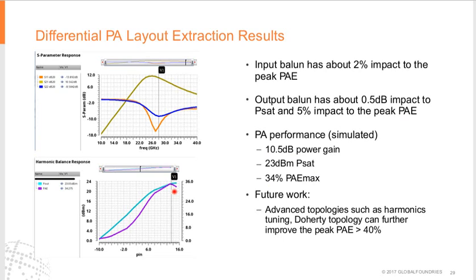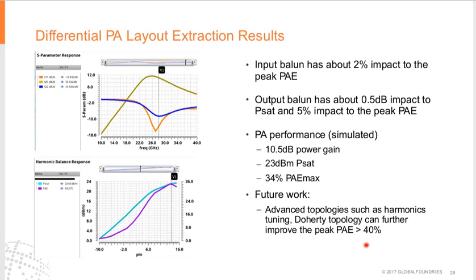In the future, we will try to use advanced topologies such as harmonic tuning or a doherty structure to further improve the peak PAE. In a single-ended structure, with harmonic tuning we can improve by about 5%. In this one, due to time limitation, we haven't done that. We can get about 34%.